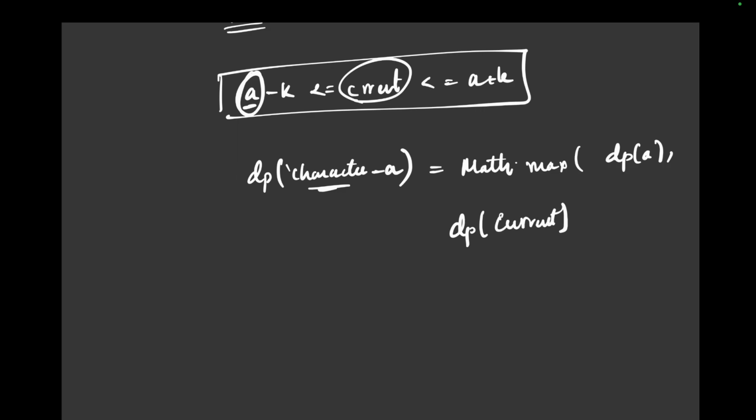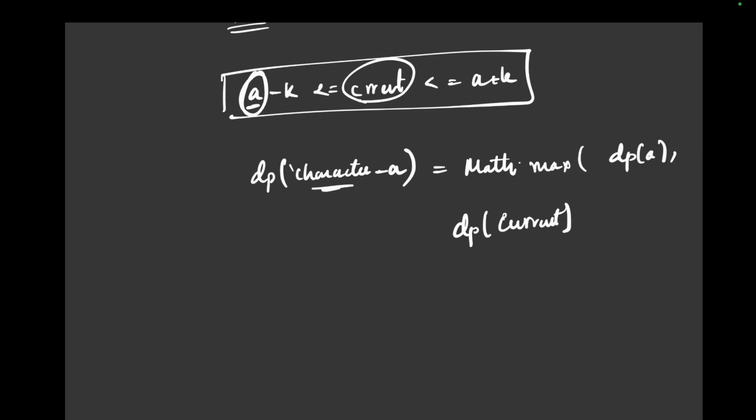Why? Because the next instance will depend upon the previous instance, right? If A is 0, we'll increment it to 1, and if in the string AC we have C as 0, but C's value is dependent upon A, which we got as 1, and we'll increment 1 in the result, right? So we'll store the max out of those both, right?